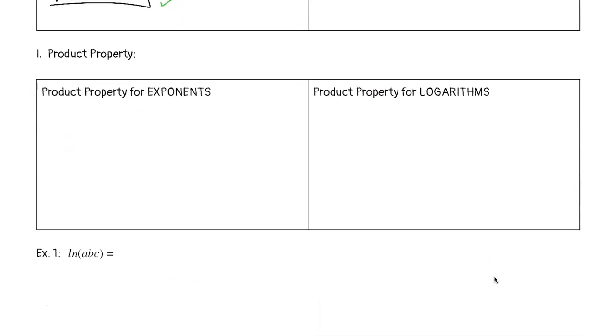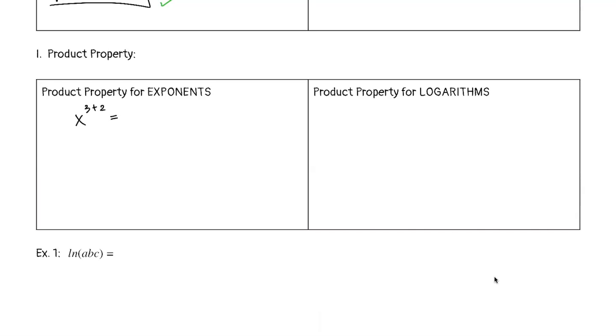All right. So once upon a time, you learned about product properties for exponents, and you've probably learned about product properties for logs as well, okay? So let's do a little warm up. X to the 3 plus 2.